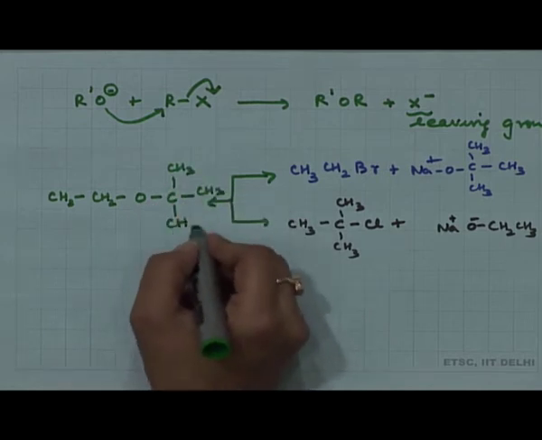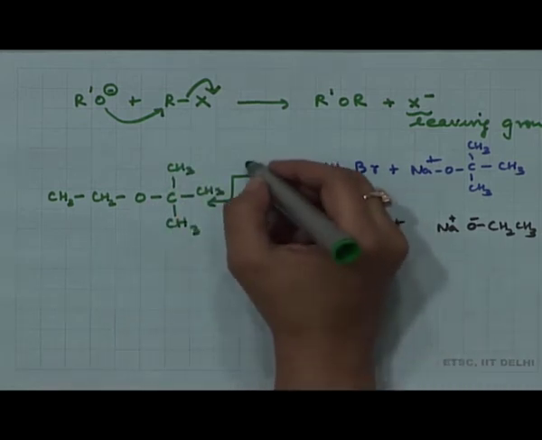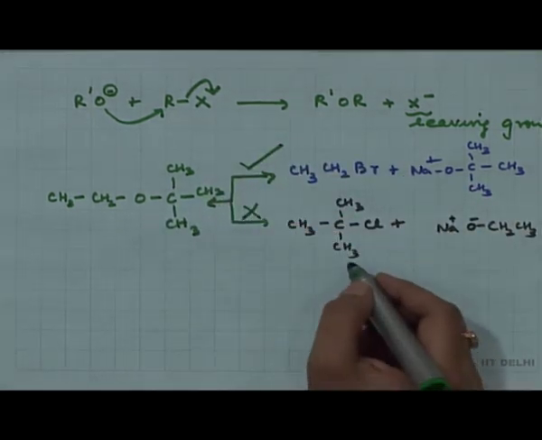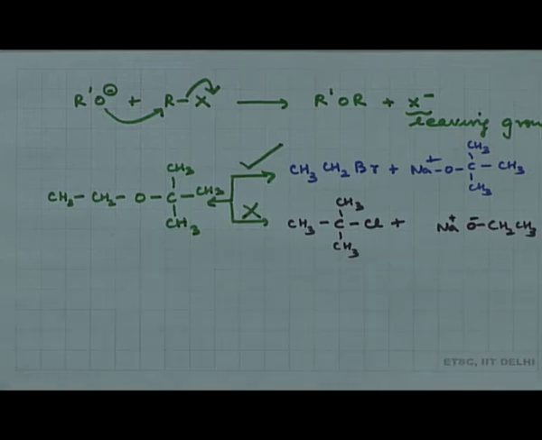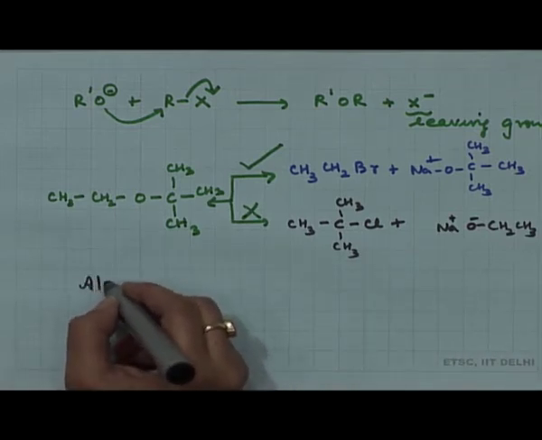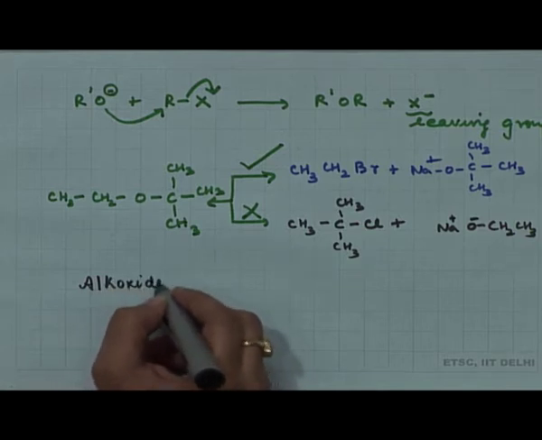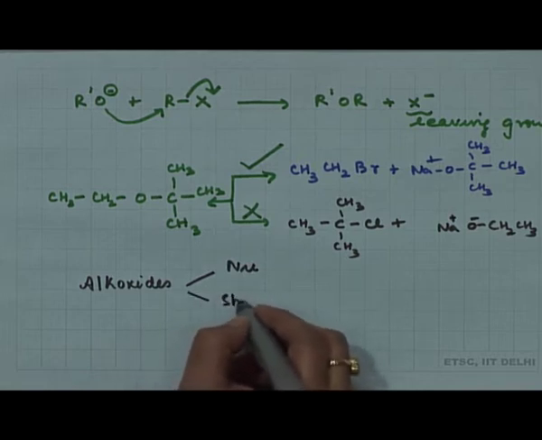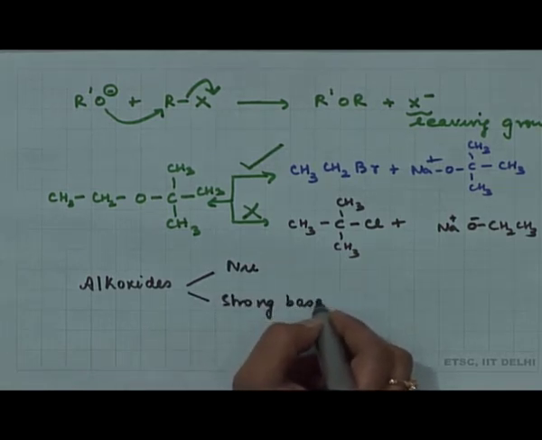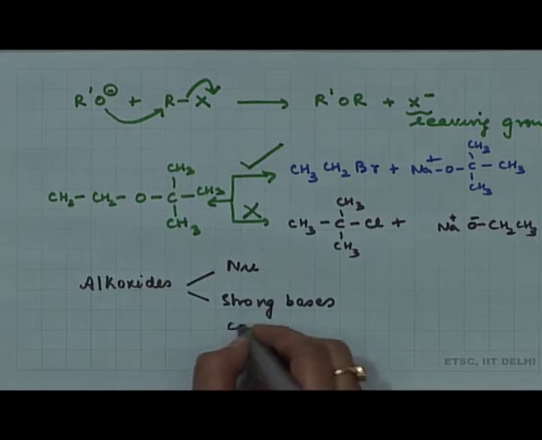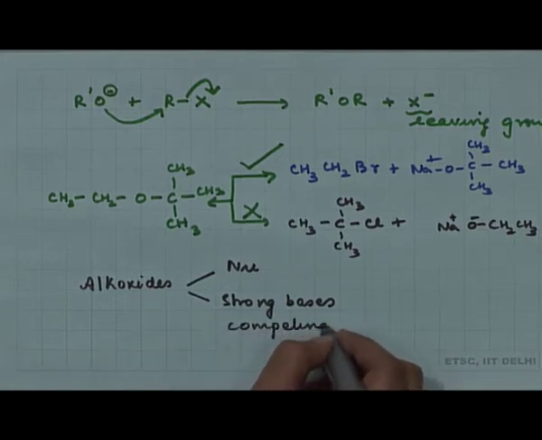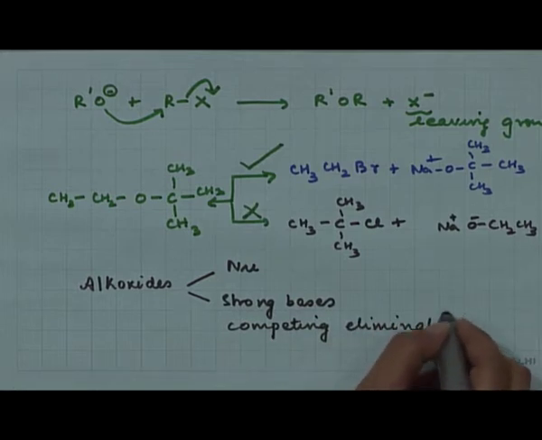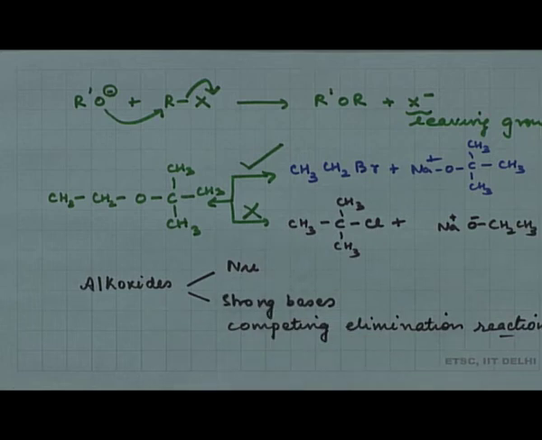Okay. As I was explaining, the reaction which is going to give you the product will be this reaction and not this reaction, simply because these alkoxides which we are using not only act as nucleophiles. They behave as nucleophiles, but they also behave as strong bases, which can result in a competing elimination reaction. There is always a competing elimination reaction if your alkyl halide is not a 1 degree.